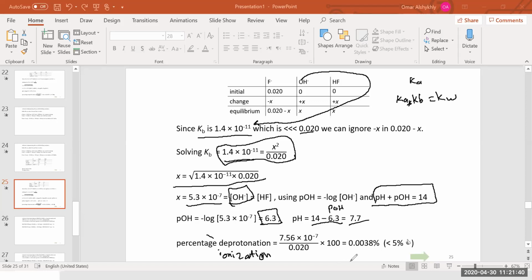We will get 0.0038%, which is less than 5%, so it will be valid.